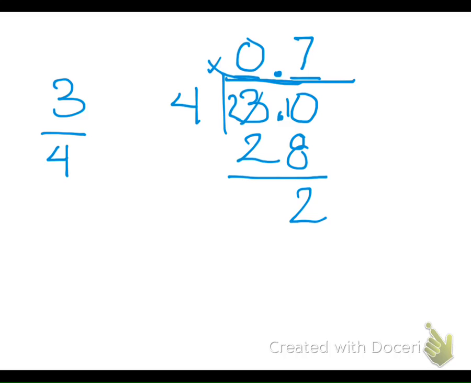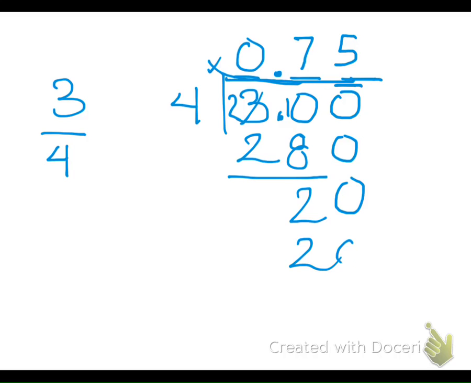I'm going to pull that curtain back again. Right? And I'm going to make sure I have some space up here for my answer, for the 100th place. And I'm going to fill in all the zeros, right? I'm going to make sure I have the 100th place all the way down. Okay, how many groups of 4 can go into 20? The answer is 5. 5 groups of 4 make 20.